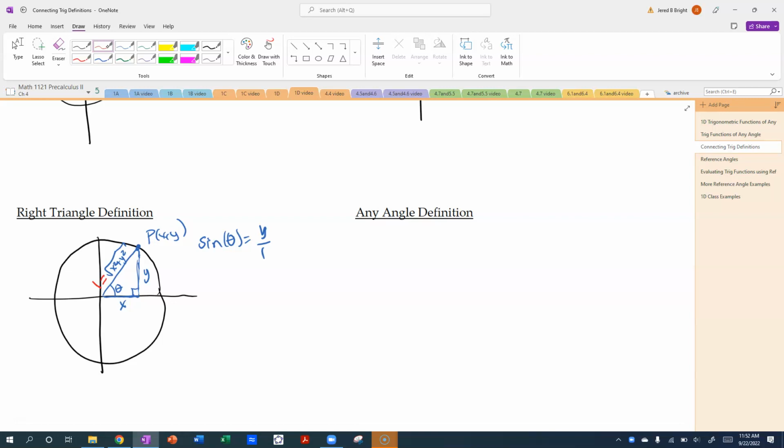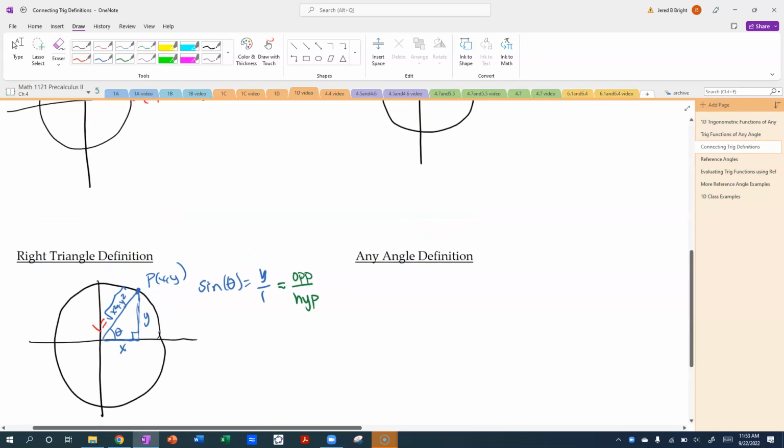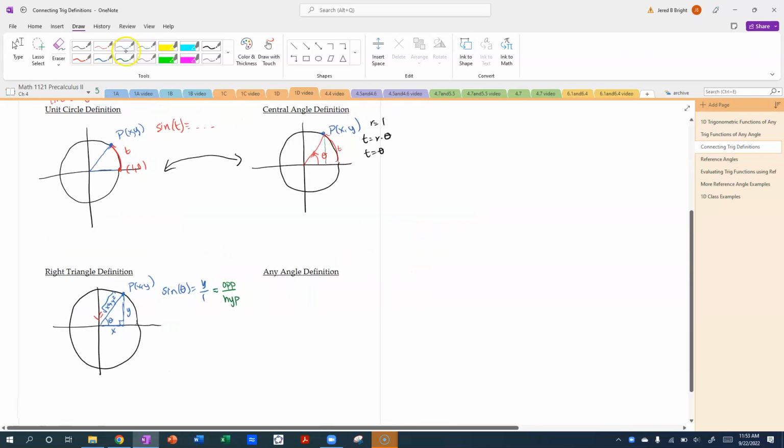But nevertheless, it gave us a way to adapt our notation to instances where we maybe aren't on the unit circle. So we generalized this to say this is the opposite side over the hypotenuse, right? And then we similarly adapted the other definitions of the trig functions, cosine, tangent, etc. Okay, so in a sense, we took our central angle definition and went into right triangles, okay?